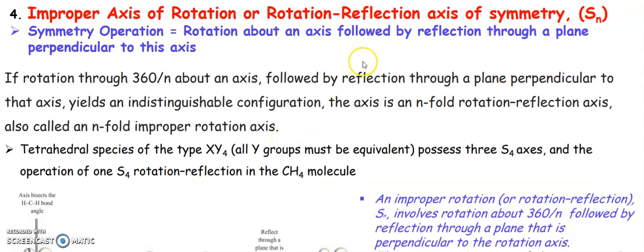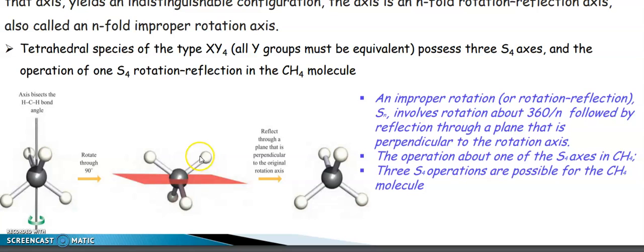So, the improper axis of rotation or rotation-reflection axis of symmetry, Sn. If rotation through 360 by n about an axis followed by reflection through a plane perpendicular to that axis yields an indistinguishable configuration, the axis is an n-fold rotation-reflection axis, also called an n-fold improper rotation axis.